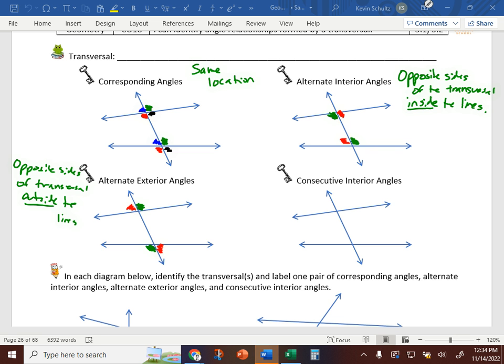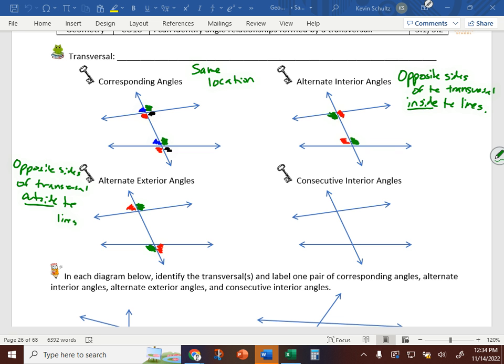Okay. And finally, we have consecutive interior angles. What do you think the word consecutive means here? Like constant or continuous? Okay. Really, it means like next to or in order. But if the word alternate means opposite sides, what do you suppose consecutive means in this context?